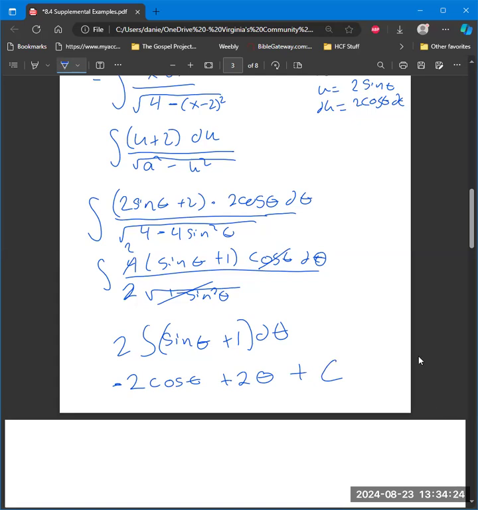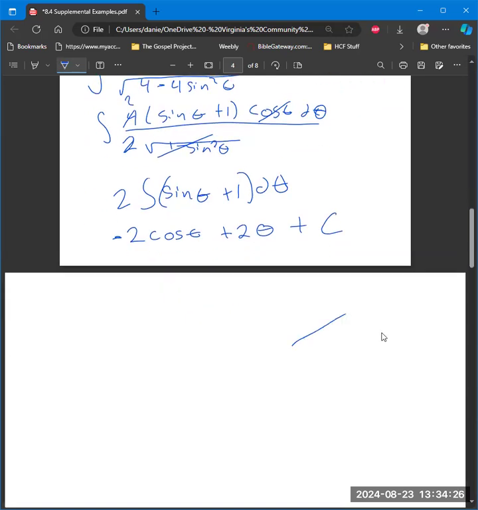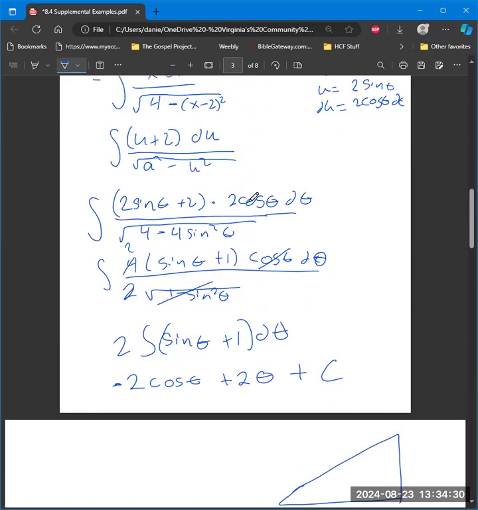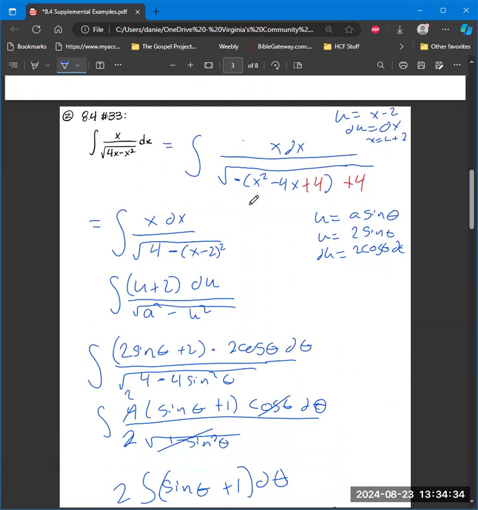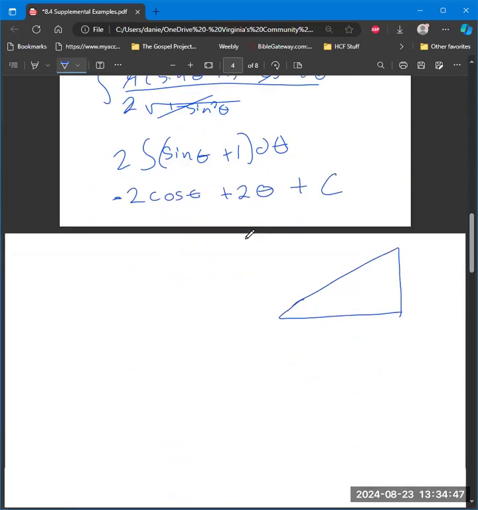Now I need to draw my triangle here to say that sine theta was u over a. So that was u minus 2 over 2.